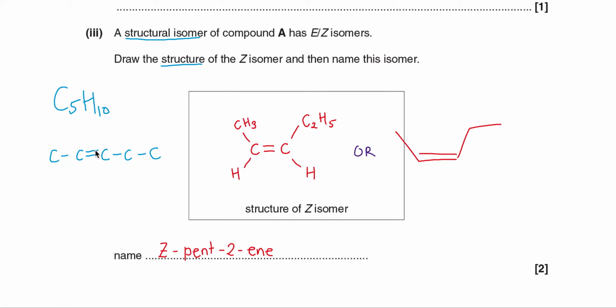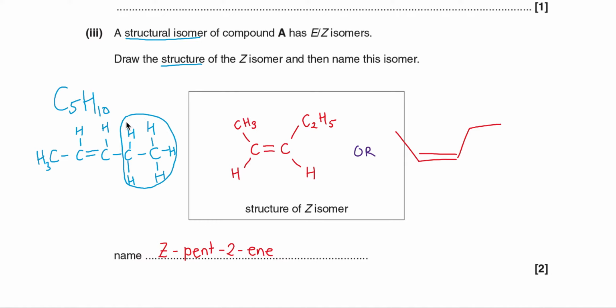Whereas if I put it here, and if I now draw everything else in, hopefully you can see that this molecule that I've drawn, so this is pent-2-ene, will show EZ isomerism because this carbon here is bonded to 2 different groups, this carbon here is bonded to 2 different groups, this group here being what we call an ethyl group.